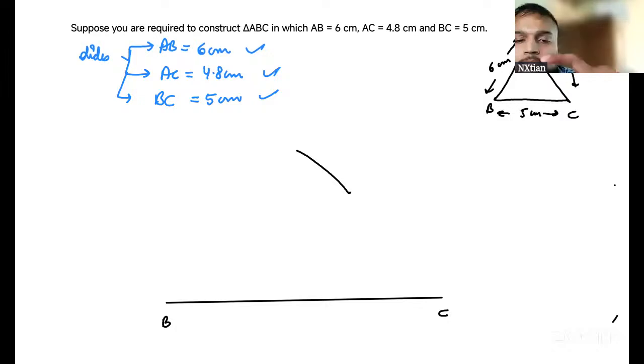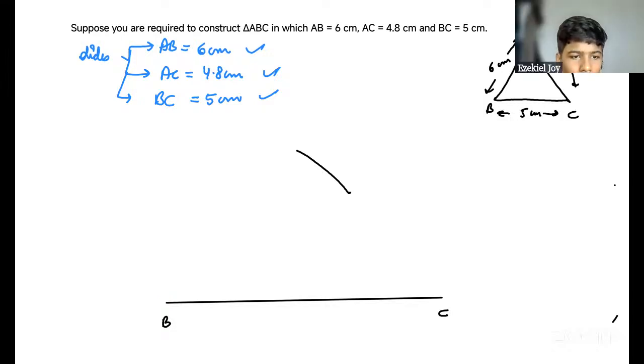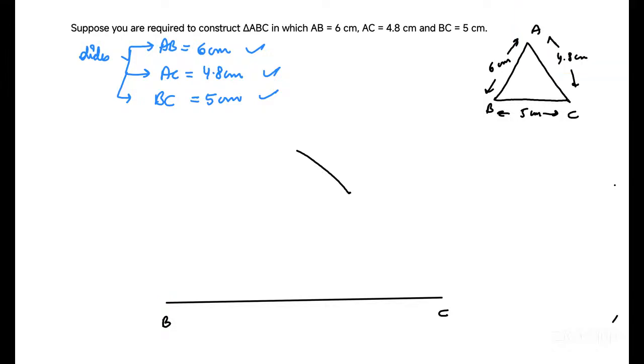First take out the compass, measure 6 centimeter, okay, and then make an arc like this when you put your tip on B. Understood, guys? Now next, will it look like this? Yes, correct.